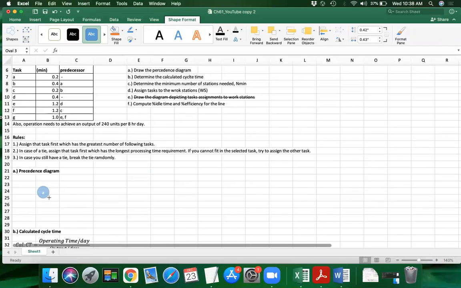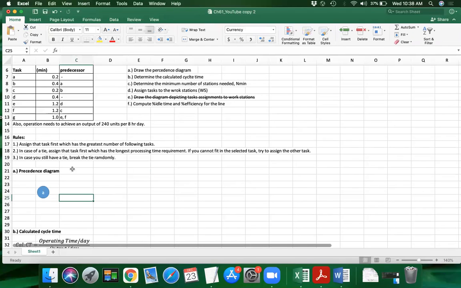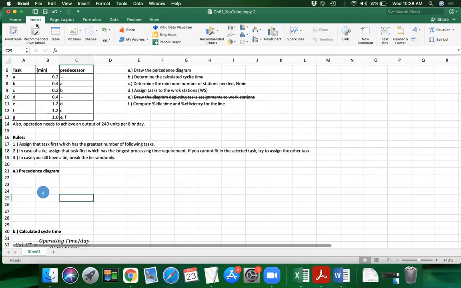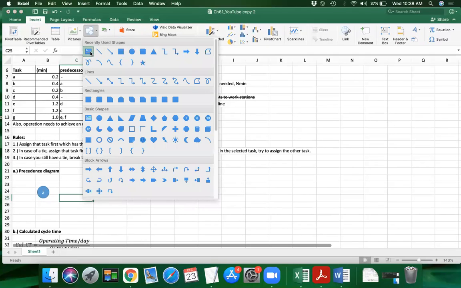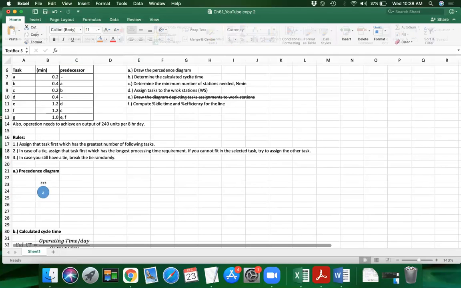I don't need it that big. So I need a task and I need a text box to put in the time. Let's say task A is taking 0.2 minutes.